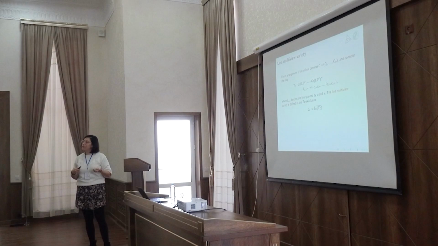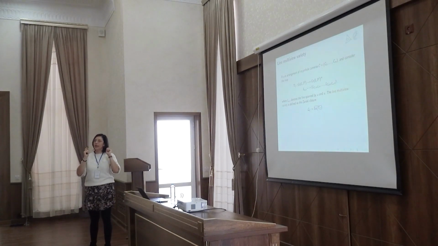The other is that when you identify lines, they are less prone to mismatch, so it's harder to mismatch lines than points. But the thing is that this type of algebraic model was not understood for lines.